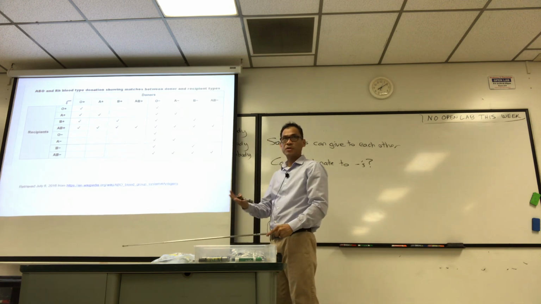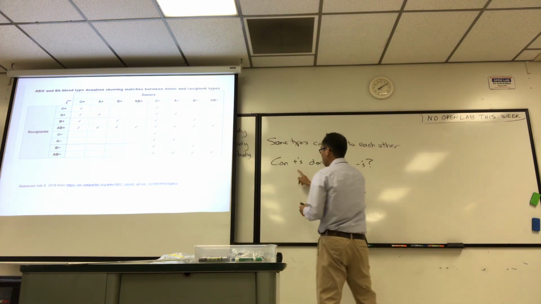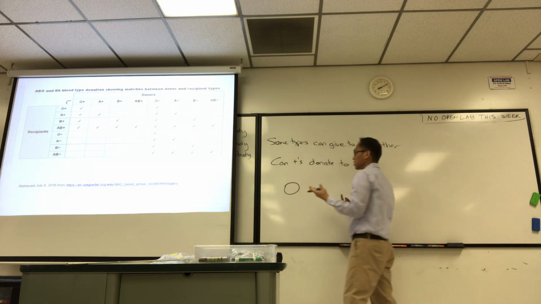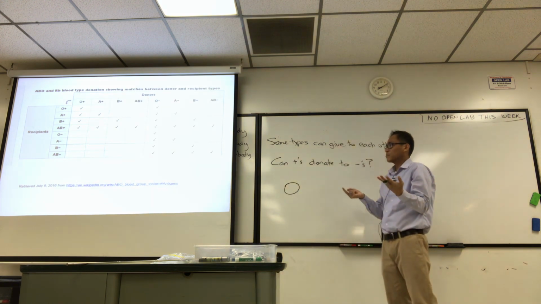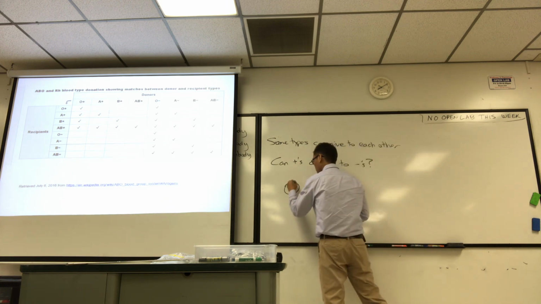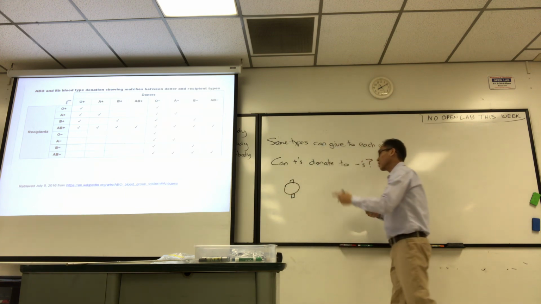And why? It's the same logic for everything. It's the whole antibody antigen thing. If you're RH positive, let's just consider the positive, nothing else. What is present? RH antigen on the RBCs.